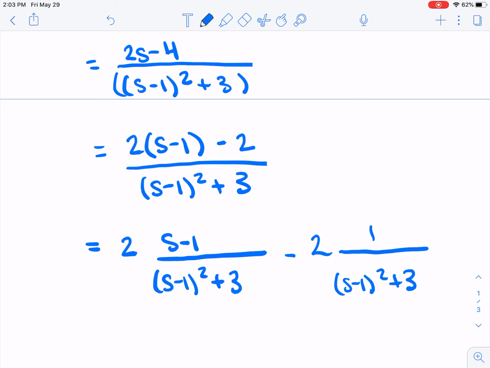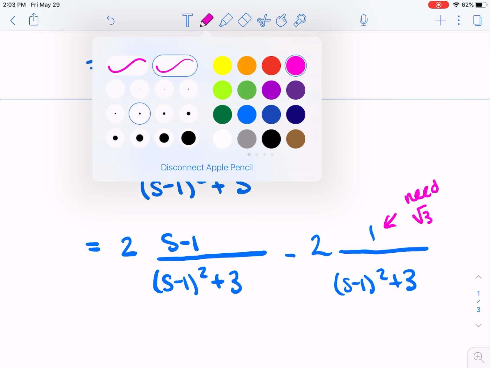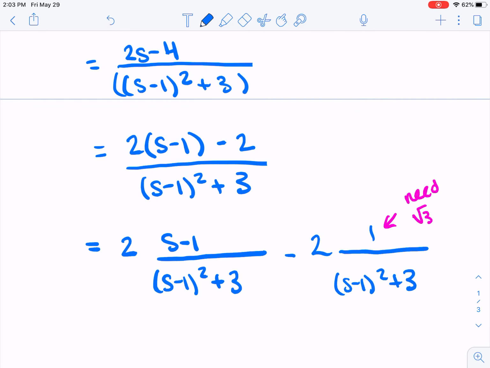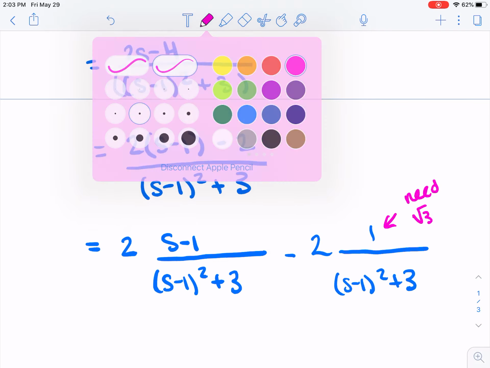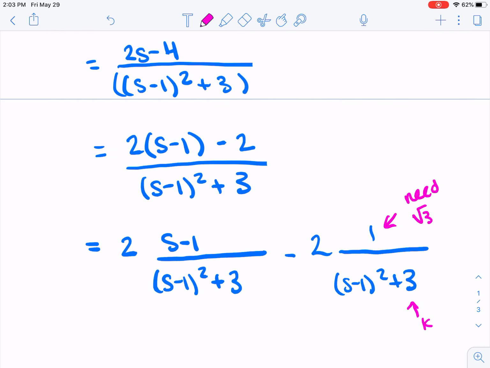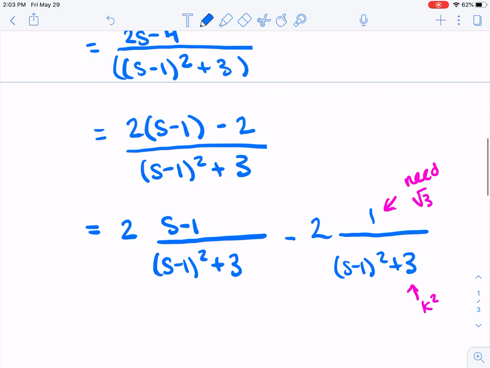For this to fit into the table, I don't need a 1 in the numerator. I need a square root of 3 here, because I have to have a k squared, and I need a k in the numerator. So I need a square root of 3 up there.